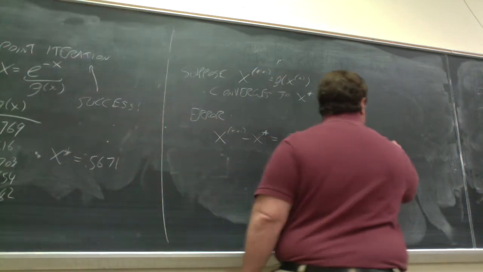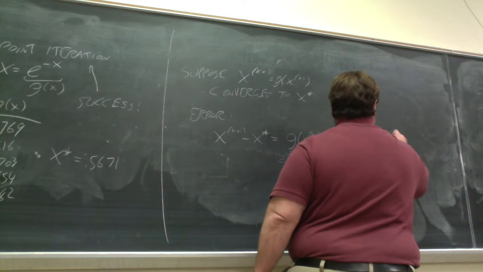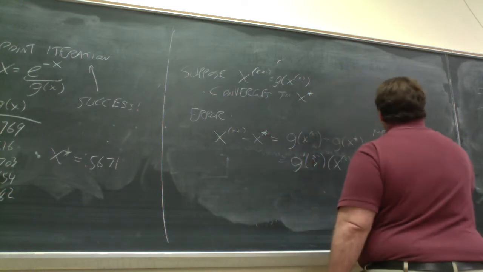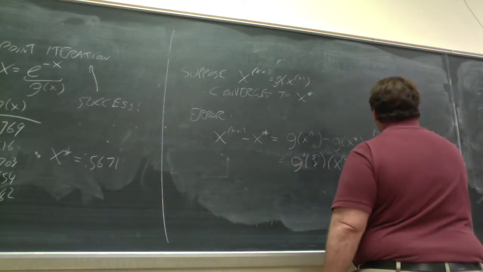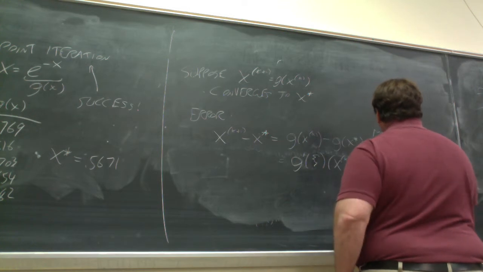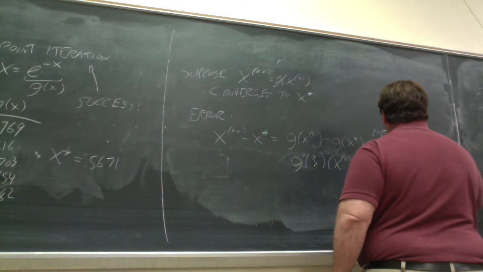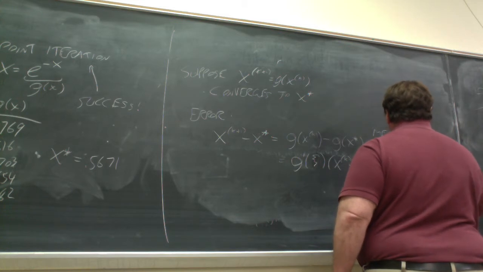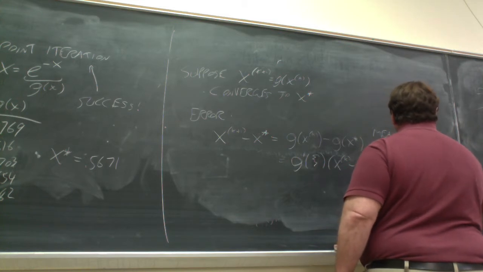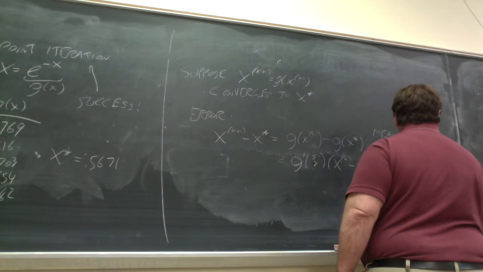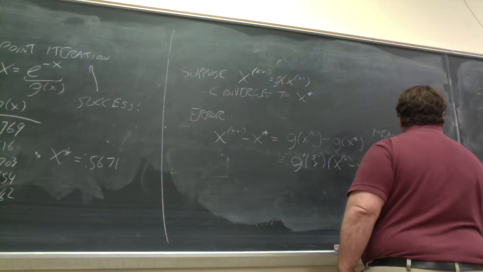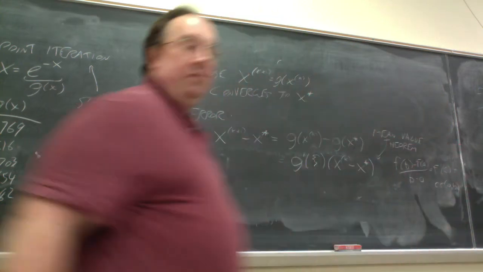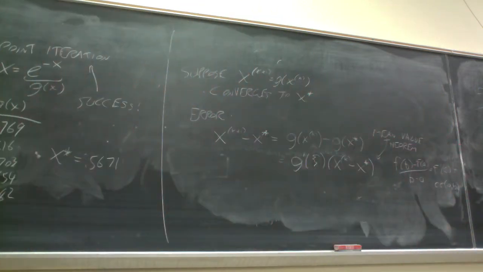What I've done here is use the mean value theorem, which says that if f is continuous and differentiable in an interval, then the average rate of change is equal to the instantaneous rate of change at some point c in between. So all I've done here is just a rearrangement of that.